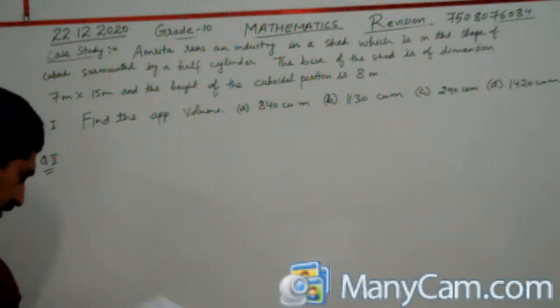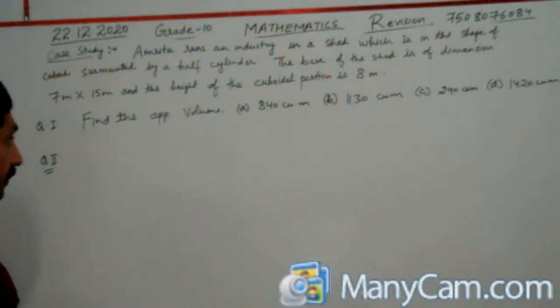And second is the curved surface area of the top of the shed.